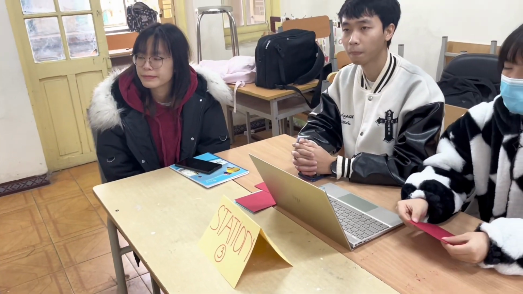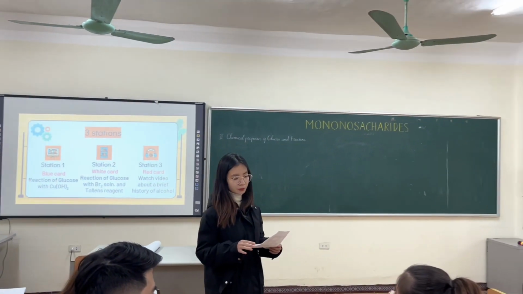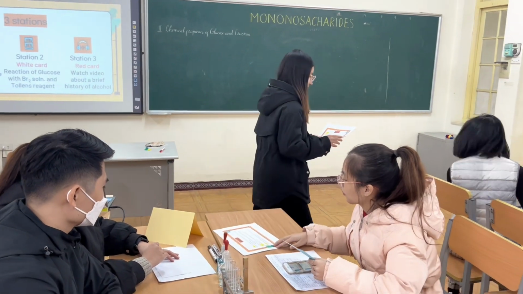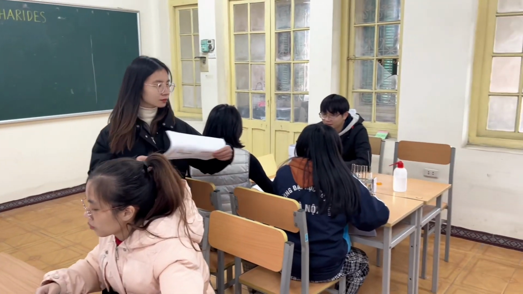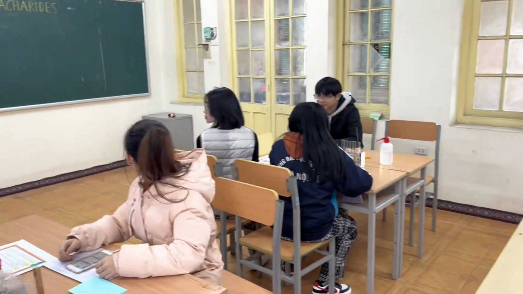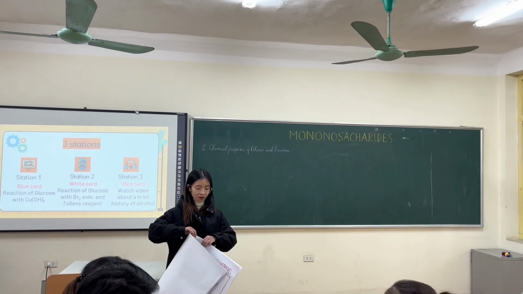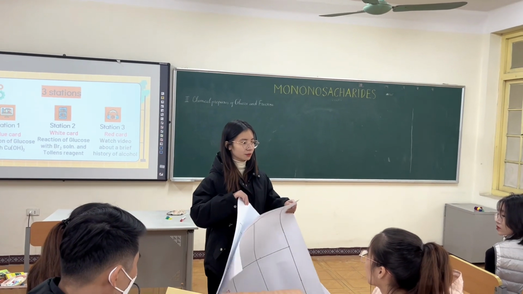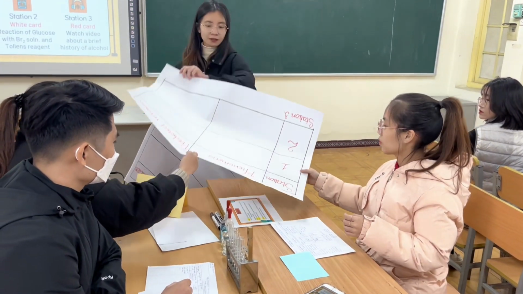I will give you the information material, and you can base on it to complete each task at each station. After you complete your task, you have to complete the whiteboard here and then present it. Each group will have one whiteboard.